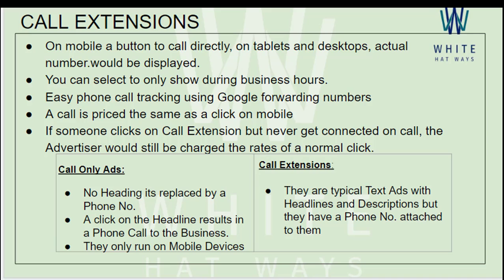However, in case of tablets and desktops, the phone number would be displayed, but the call button would not be displayed. Somebody would not be able to click on that button and call the advertiser directly. However, in case of a mobile phone, somebody can just click on this call extension, which is a call button appearing along with the ad, and directly call up the advertiser.